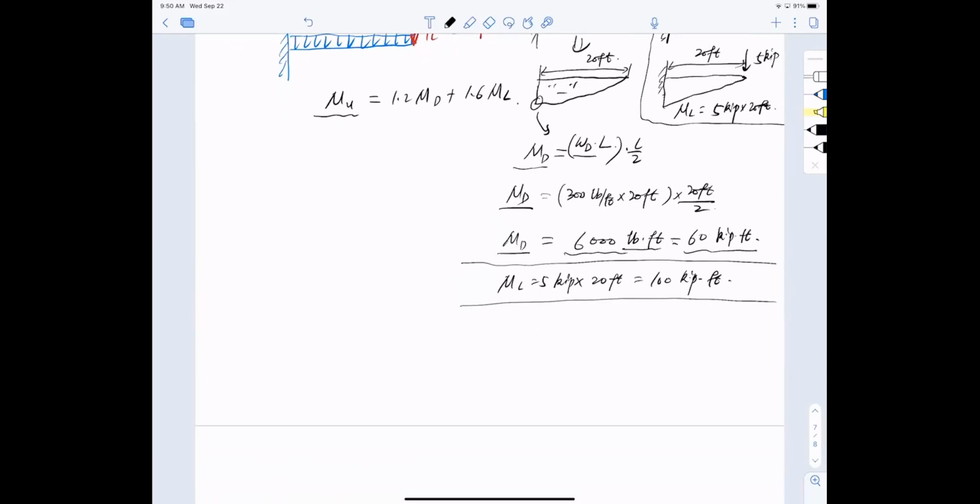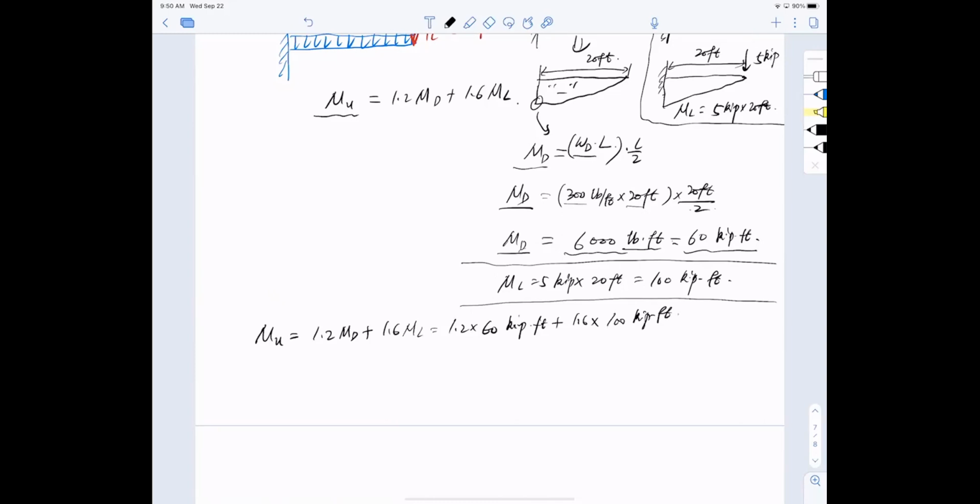Okay. So now that is dead load, 60,000. Let me just double check. Okay, 320. Yeah, you're right. 60 kip foot and 100 kip foot. So Mu should equal 1.2 MD plus 1.6 ML. That is 1.2 multiplied by 60 kip foot, plus 1.6 multiplied by 100 kip foot.